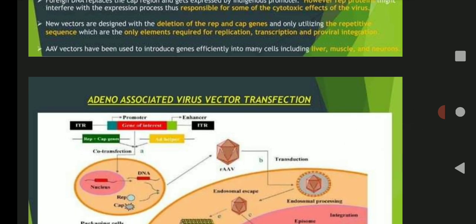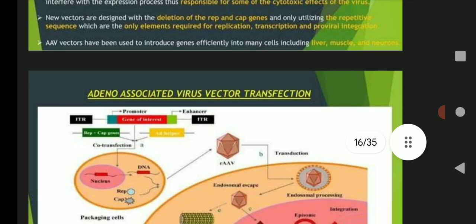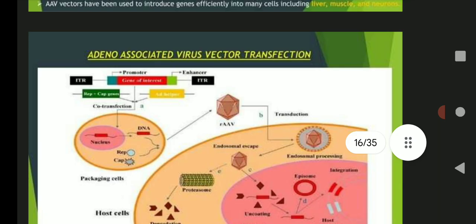Here we can see the promoter sequences, cap sequence, as well as the sequence of rep. The middle region, which is shown in red color, is removed, and our gene of interest is added, and with co-transfection the DNA is packed into the adeno-associated virus.